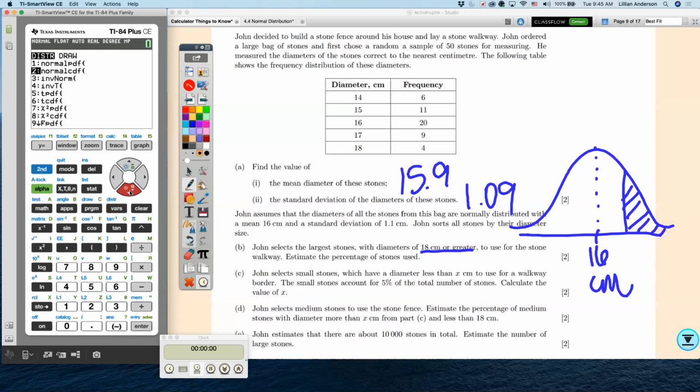Normal distribution is always CDF, normal CDF. It's the binomial distribution where we have to determine if it's PDF or CDF. So remember, we had the lower bound, upper bound, mean, standard deviation. What's my lower bound to represent that shaded region? 18. What's my upper? 9, E99. Second comma is how you get the E. My mean was 16 and my standard deviation was 1.1.